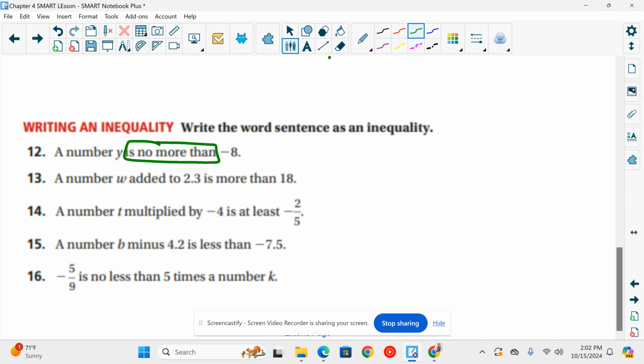Listen to my question. If the number is more than, it has to be greater. But because it has this no or this not, it's like it's not greater than. So if it's not greater than, it has to be less than or equal to. So y is less than or equal to -8.